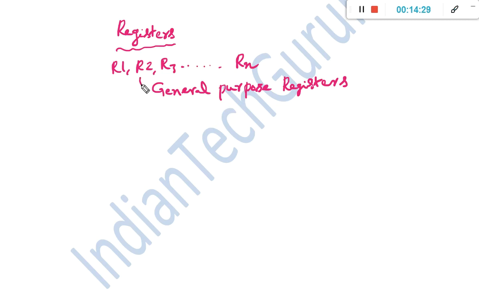In addition to these general purpose registers, there will be some special purpose registers which are going to do some specific functionality. For example, there is a register known as MAR.